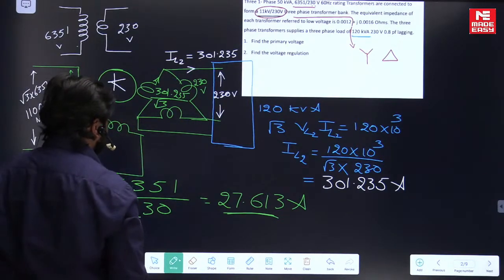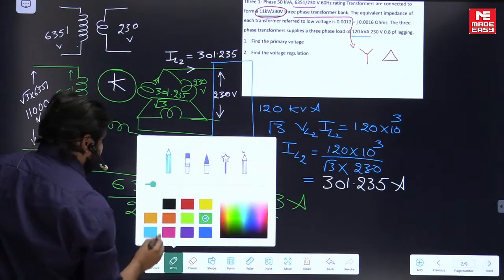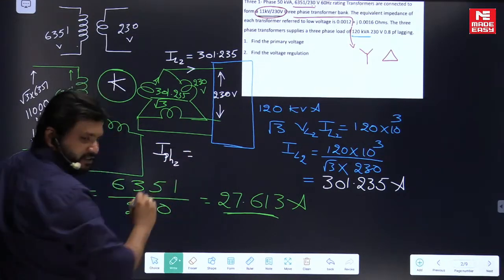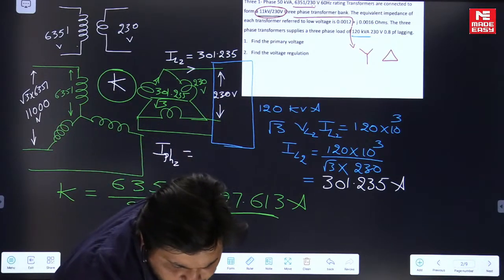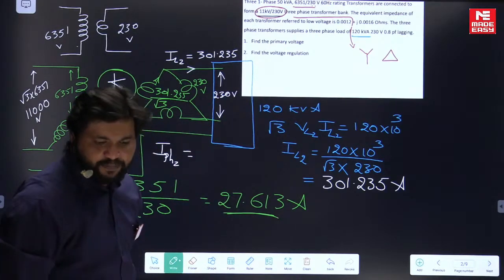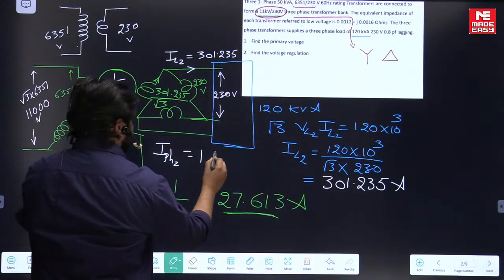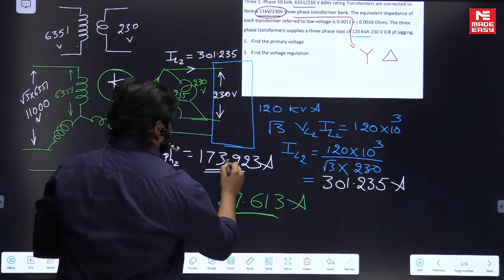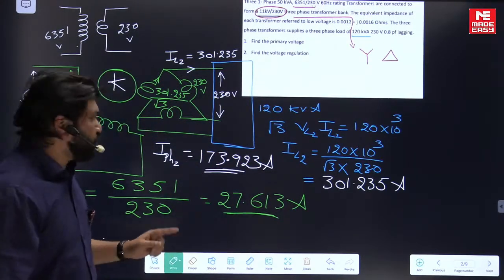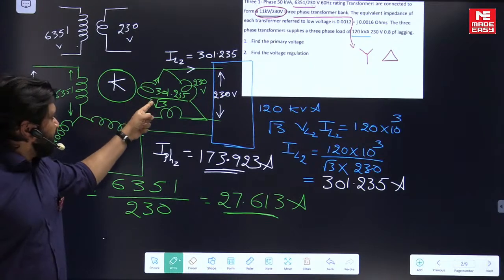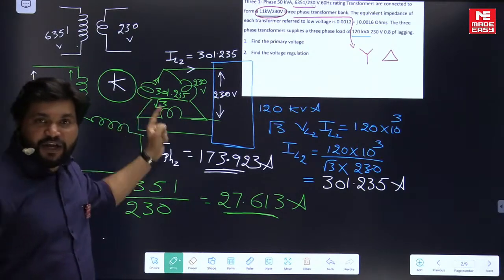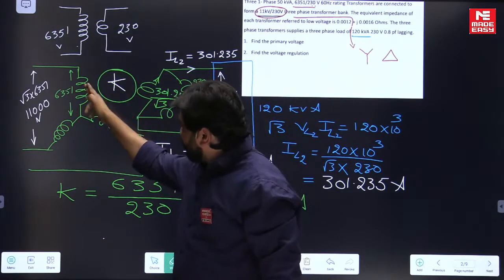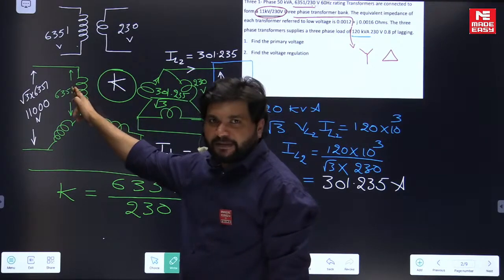Then I phase 2 value is 301.235 by root 3, 173.923. So once you know the phase current in this particular secondary side, you can easily use K to calculate the phase current on the primary side.